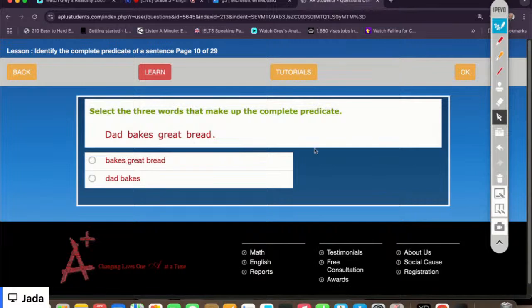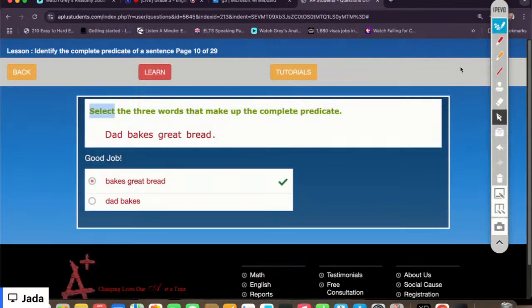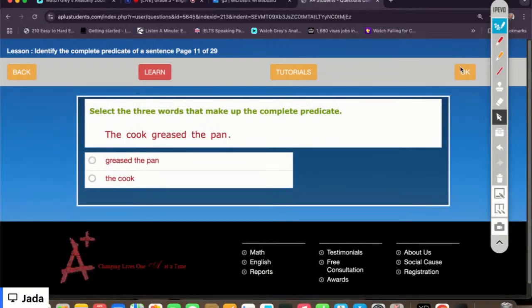Okay, so we have bakes great bread. Alright, so that's it for our lesson on the subject and predicates.